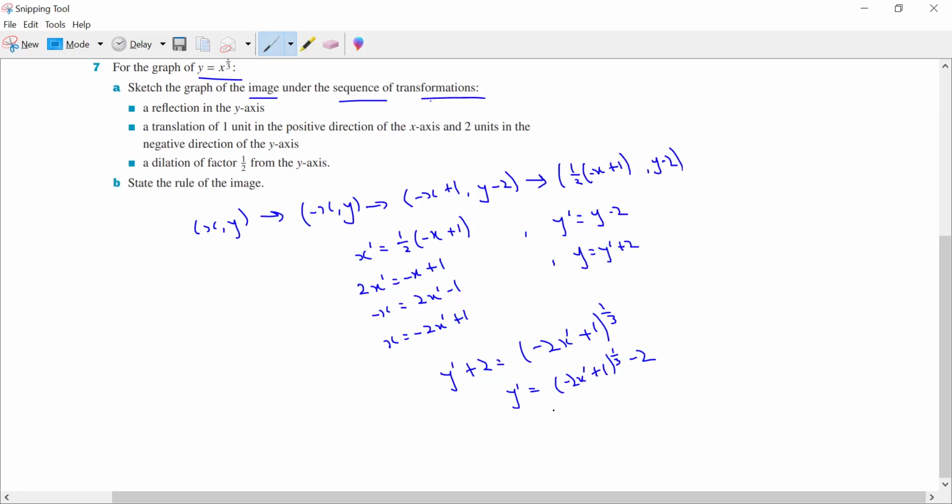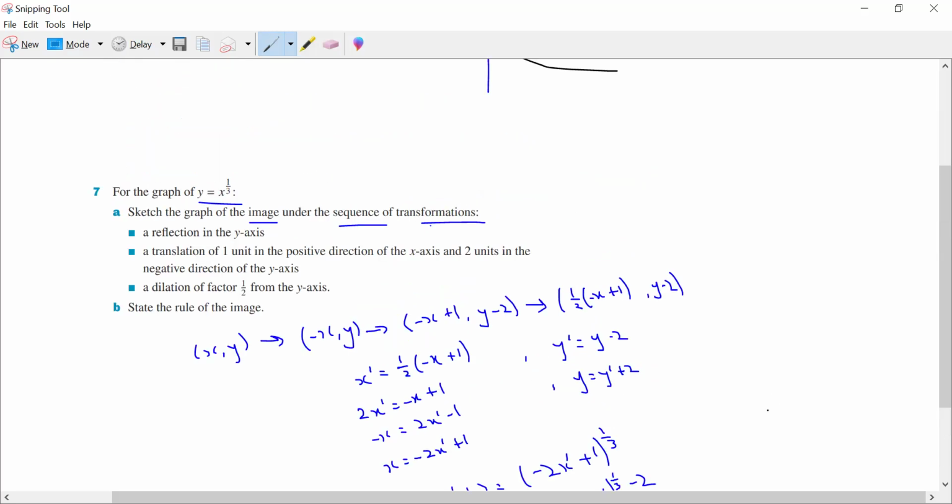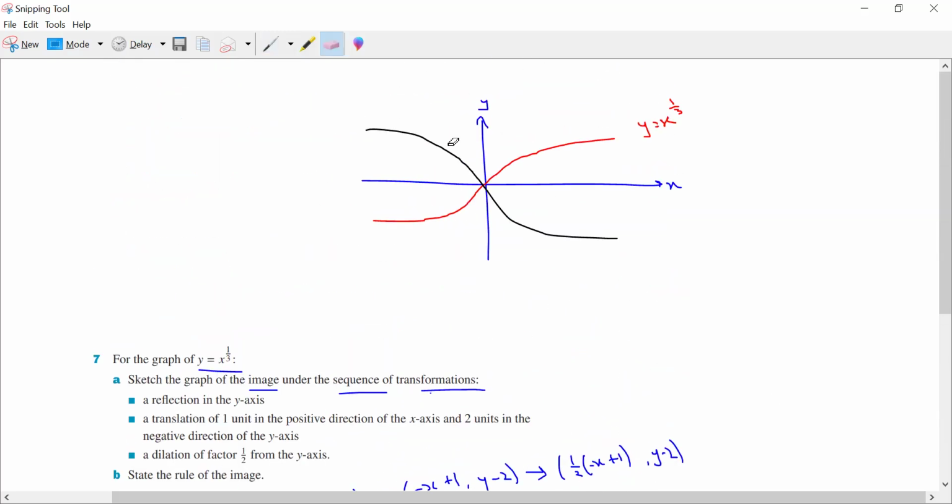So in this case, if we rewrite this one, if you take out the -2, then you can see that it's x minus half, to the power of 1/3, minus 2. So therefore, the turning point, or the point of inflection, is now at half comma -2. So we can go ahead and draw that. So that is our point of inflection. So let's say this is -half, and this is 2.